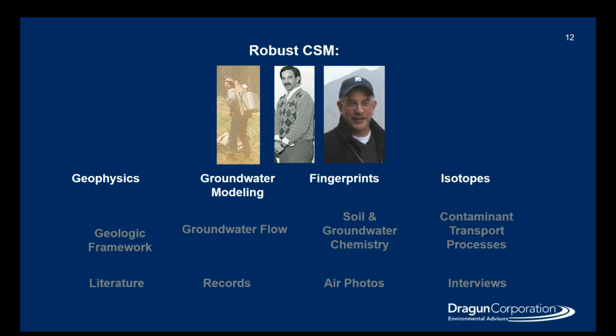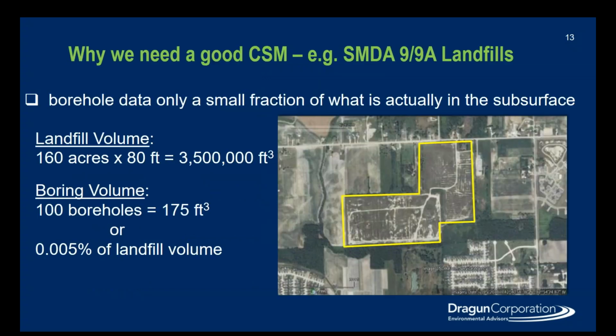So it integrates everything you know, and it puts that all together. And like my geologic career, where I started off with book learning, then some advanced techniques, and now having lots of experience, I combine all that. So I'm like a robust conceptual site model.